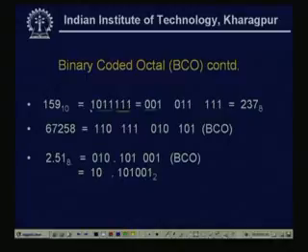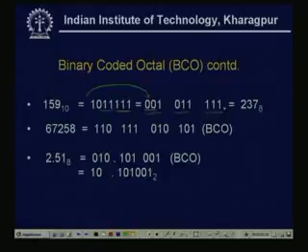So, I can put 2 zeros in the leading position, which does not affect the value. Grouping in 3 bits, this is 0 0 1, this is 0 1 1, this is 1 1 1.